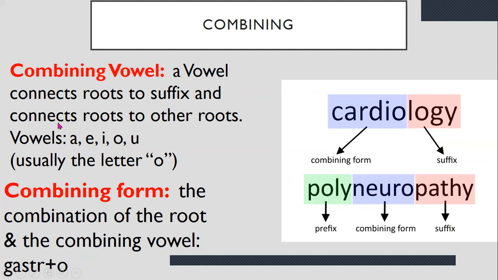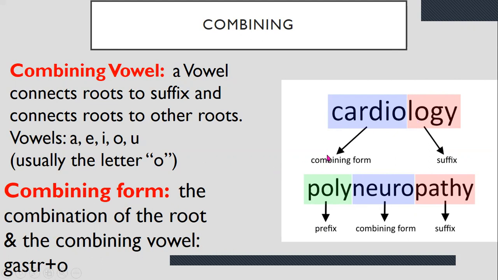Our vowels, as a reminder, are A, E, I, O, and U. But usually, in medical terminology, we are going to use the O. Usually, not always. So your combining vowel is the vowel that joins the two words together. Okay? What it makes is a combining form.